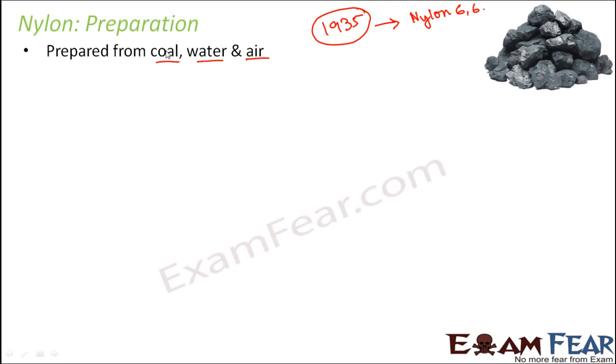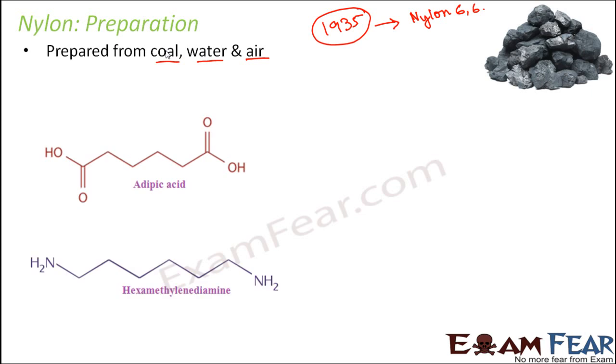What are organic materials? Carbon containing materials. Coal contains carbon, right? So in the process of preparation of nylon, two fairly large molecules are reacted together at moderate temperature and pressure. What are those large molecules? One is adipic acid and the other one is hexamethylene diamine.